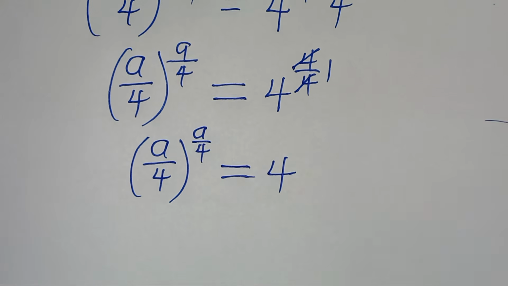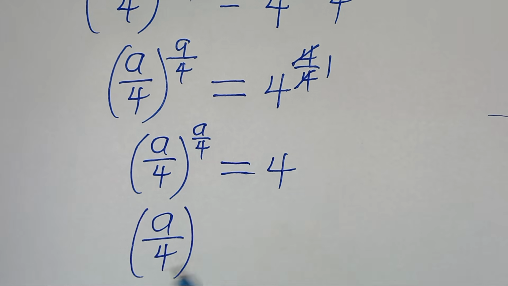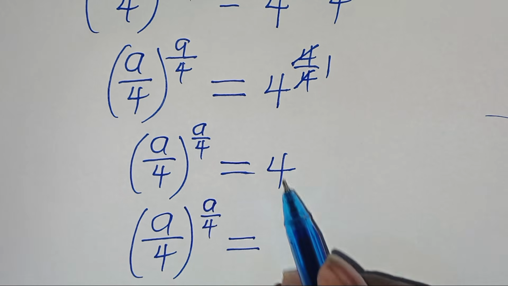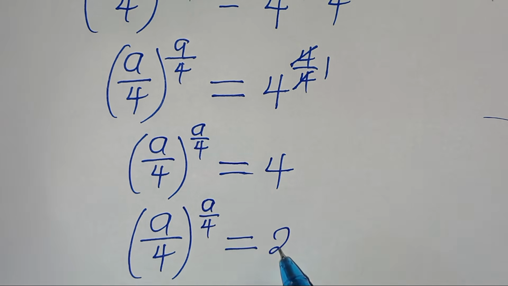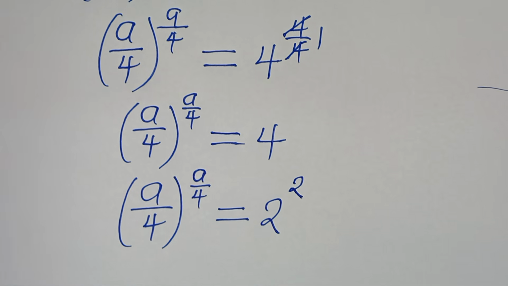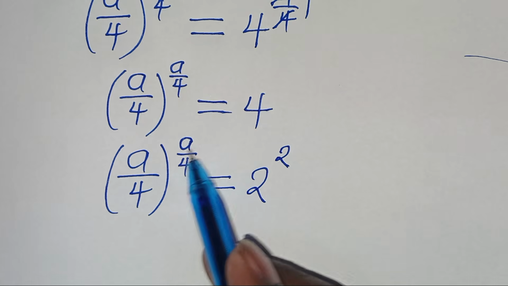Now the next step is that we have a divided by 4 raised to the power of a divided by 4 equal to 4, which we can express as 2 raised to the power of 2. Now, the base and the exponent are the same.